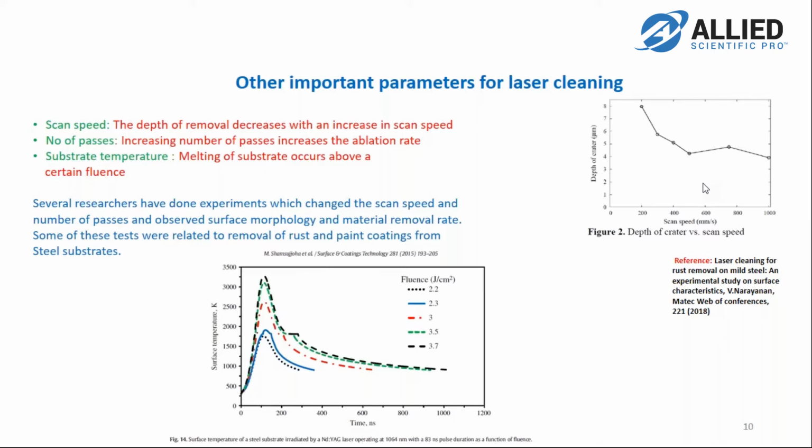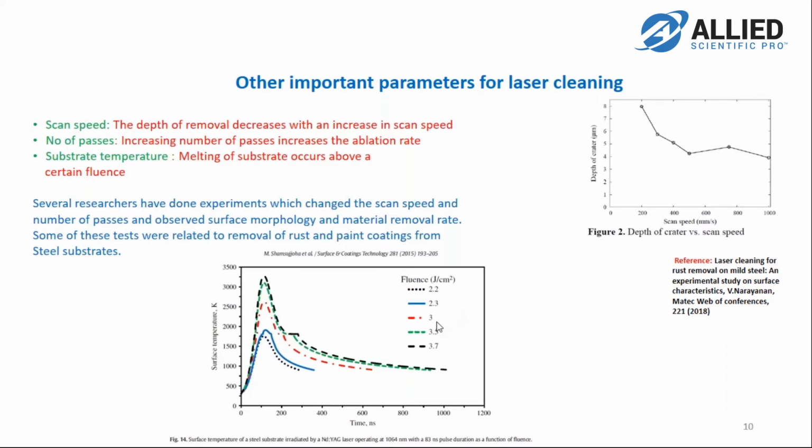Number of passes: increasing the number of passes increases the ablation rate, and one has to monitor the substrate temperature and make sure it doesn't melt. Here's a paper that has the surface temperature of a metal, an experiment on steel substrates versus time. You can see that when the fluence is around 2.2, 2.3, or below that, the surface temperature is about 1700 Kelvin, which is below the melting point of steel.